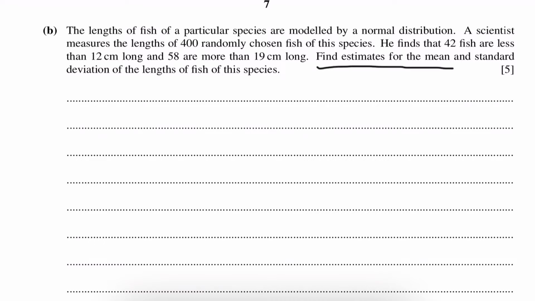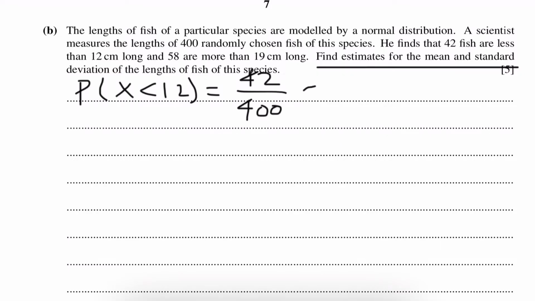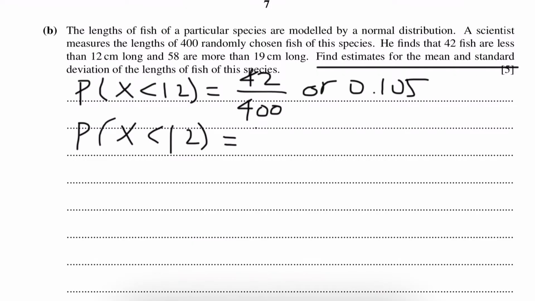Find the estimates for the mean and standard deviation of the length of fish of these species. So you know that if x is smaller than 12, you will have 42 over 400, which is the probability, or 0.105. So P(x smaller than 12), then z will be 12 minus mean, because you don't know the values, over sigma.